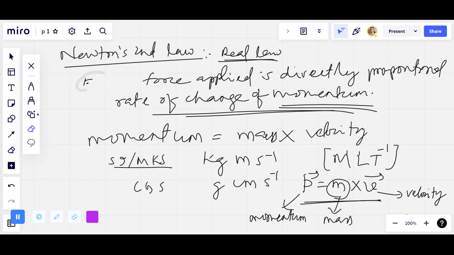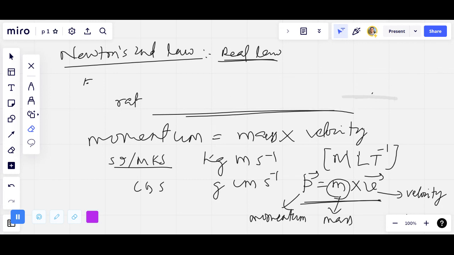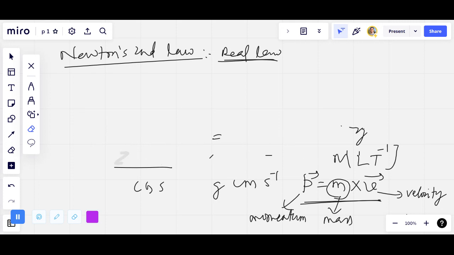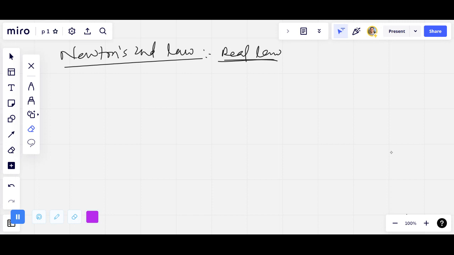Newton's second law is the real law, because from it you can derive Newton's first law and also Newton's third law. In my previous class, I discussed Newton's first law, where I talked a little about centripetal force. I'll come back to centripetal force at the end of the slide.